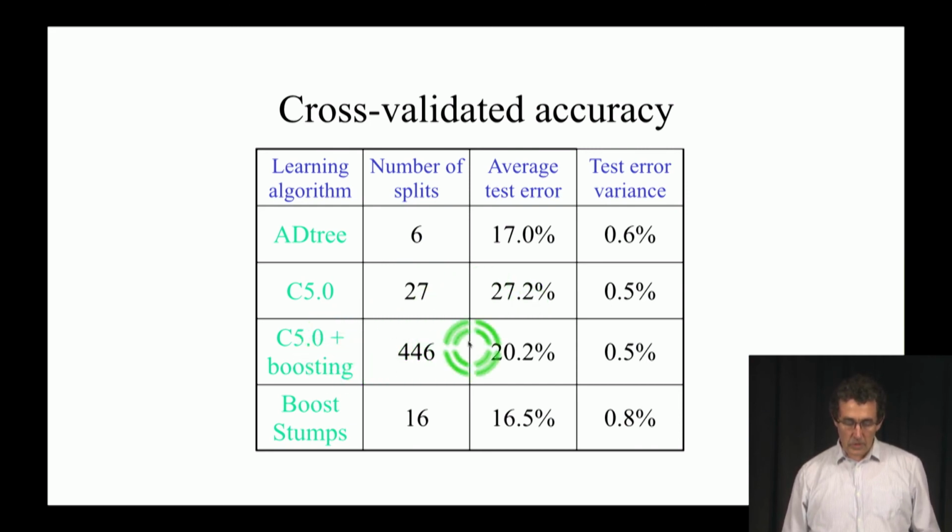C5.0 plus boosting is even bigger than that and better than C5.0 by itself, but not as good as AD trees. And then boosting stumps is actually slightly better than AD trees, but it requires more splits. Okay, so the two-level splitting is actually beneficial here. So you see that this is another approach to how to build a decision tree or a combination of decision trees. In some cases, at least, it works very well.